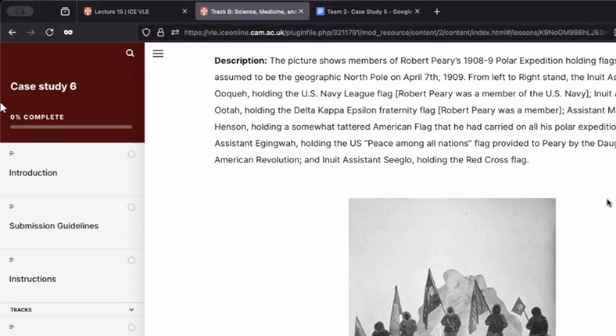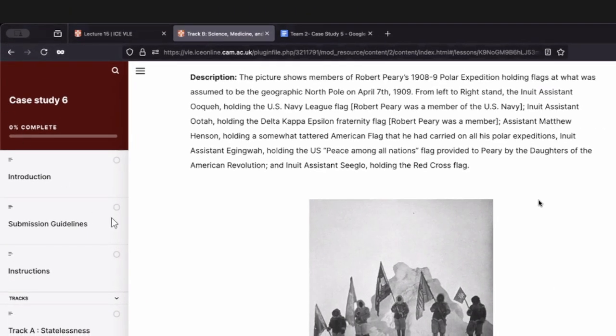He's from the U.S. Navy, so he was holding his Navy's league flag. So there's institutional pride also. His fraternity's flag, he's taken as well, right? So there's a mix there. It's not just national, it's also at a personal level of achievement with an expedition like this.